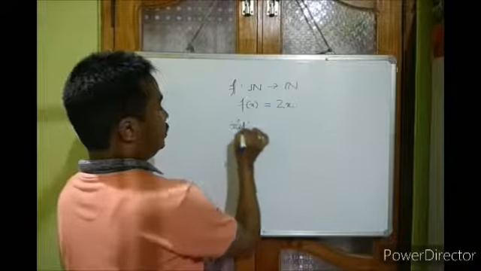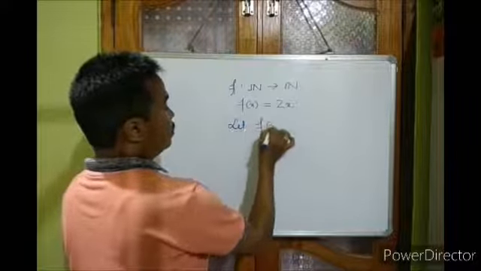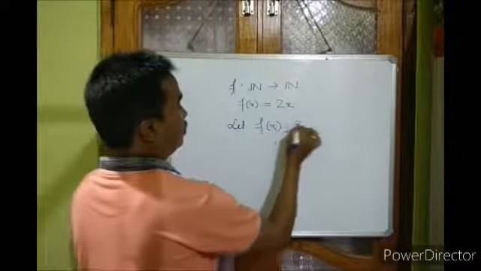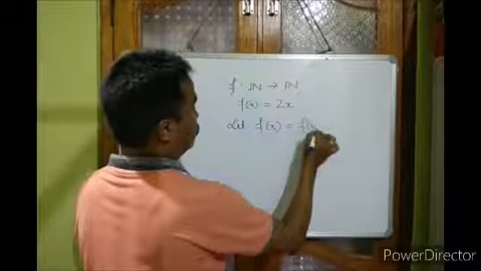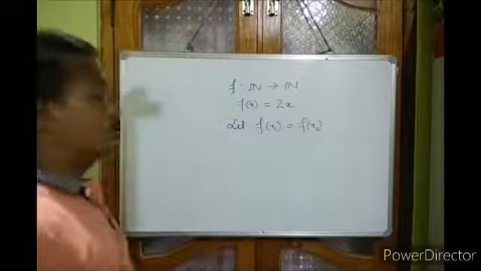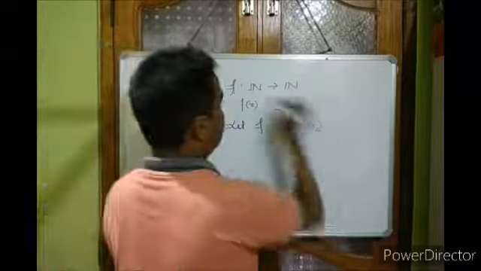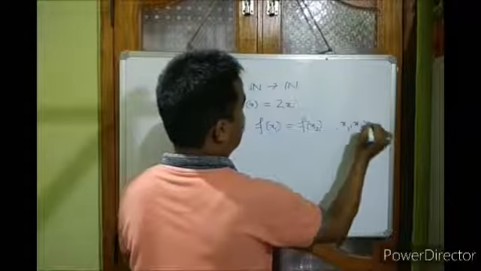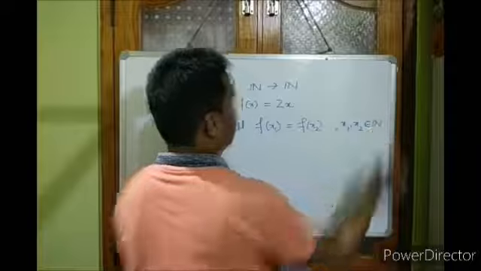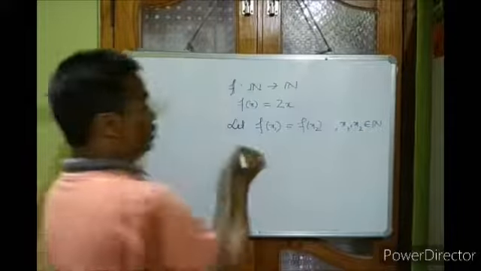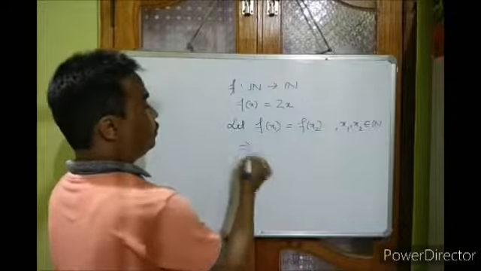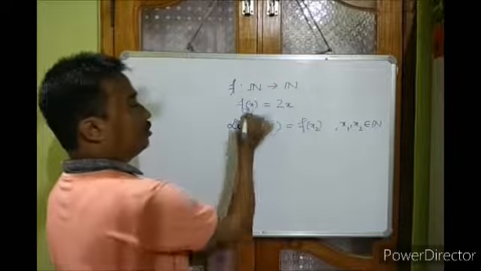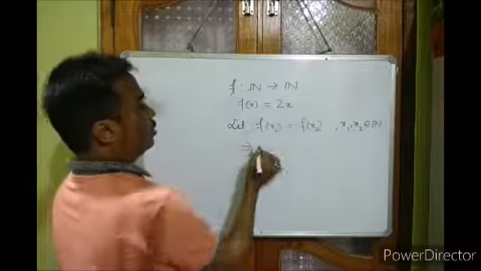Let f(x1) is equal to f(x2), where x1, x2 obviously belong to the set of natural numbers. So this implies, by definition, since f(x) equals twice x, f(x1) is equal to twice x1.